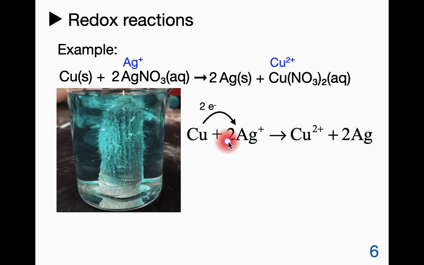So we needed 2 silver ions with a +1 charge to react with 1 copper atom to form the copper 2+ ion and 2 silver atoms. Okay, now let's look at this in a little bit more detail and use it to define a couple of terms.